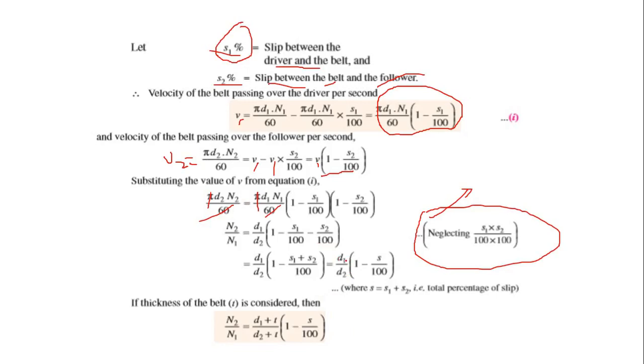So t will be added to the diameter D1 and t will also be added to the diameter D2. Now the complete equation when the thickness of belt is considered is N2 by N1 is equal to D1 plus t divided by D2 plus t into 1 minus S by 100. So this is the slip of belt equation.